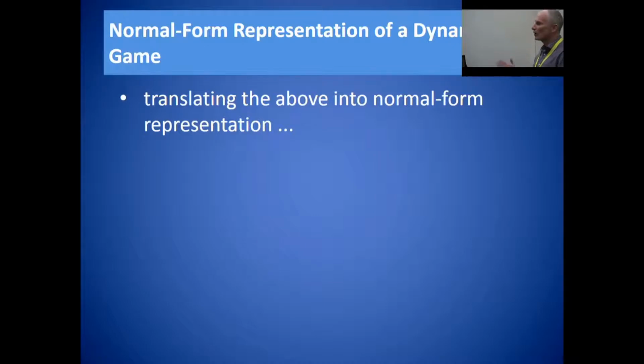We can answer that fairly easily, but we can't answer it easily by looking at the game in its extensive form. What we'll need to do is take that game of market entry that we've set up and represent it in its normal form, as we did last week.